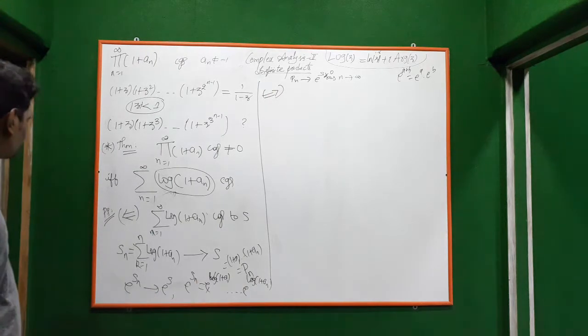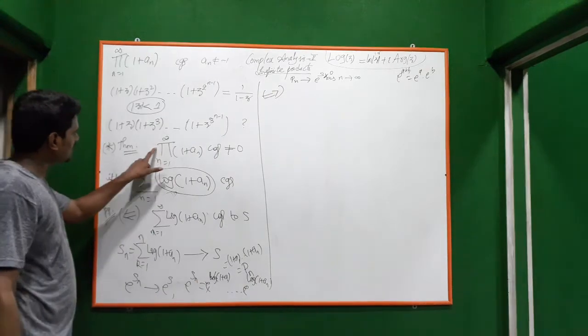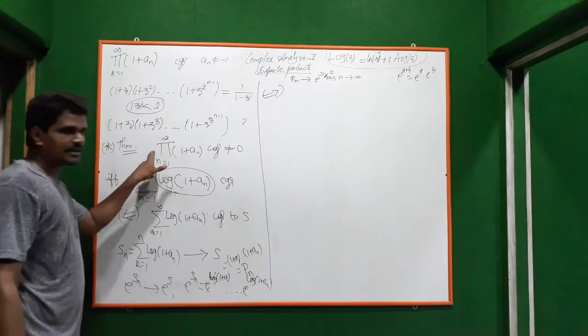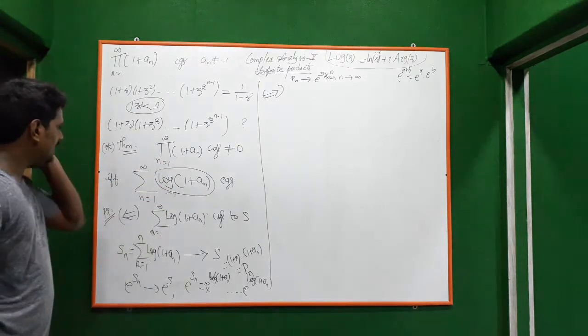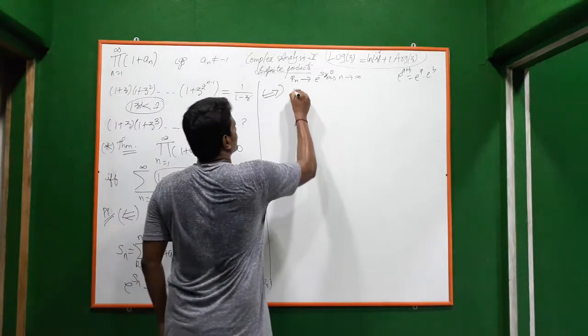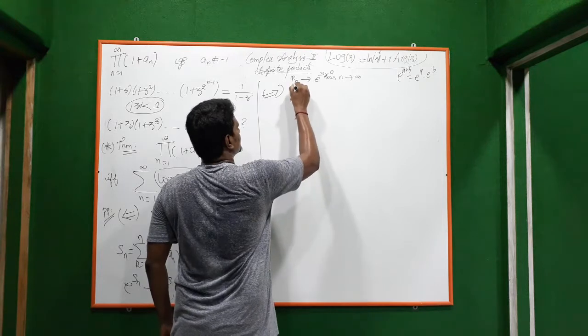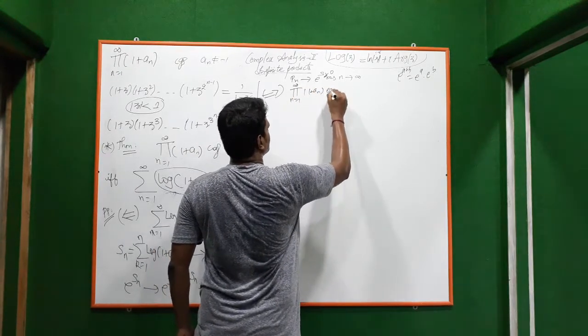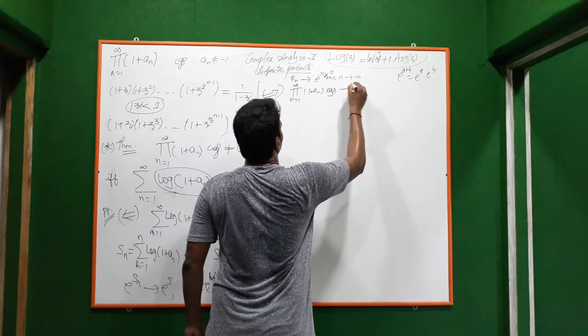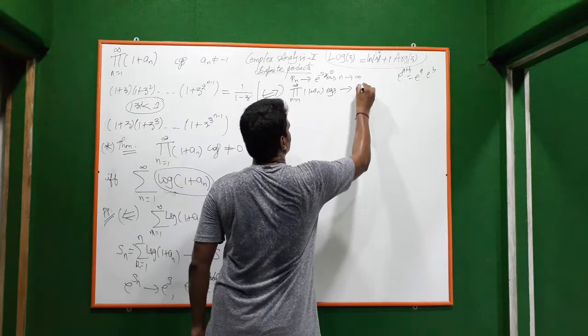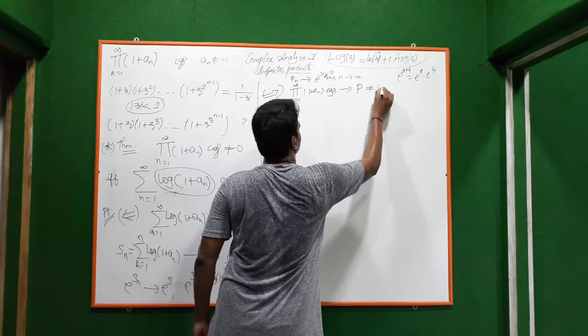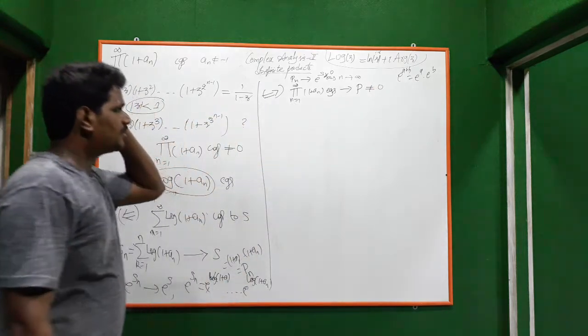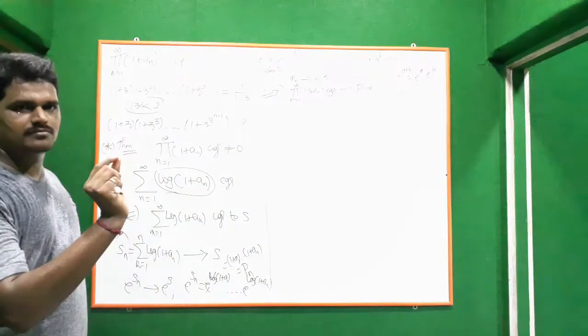In this part, if this product converges, then we have to prove that the series converges. So assume that this converges. Converges means it converges to some complex number p which is not equal to 0. Not equal to 0 means in the entire complex plane, 0 is removed.